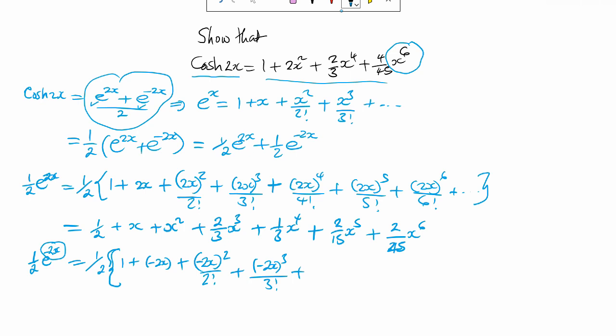This one is added to negative 2x raised to 4 over factorial 4. Added to negative 2x raised to 5 over factorial 5. Added to negative 2x raised to 6 over factorial 6, and so on.